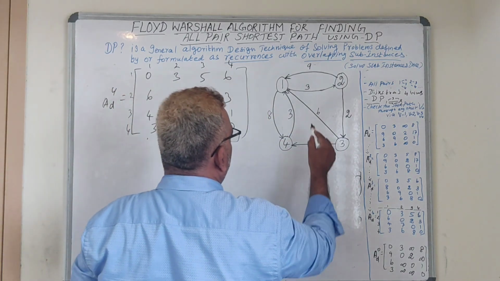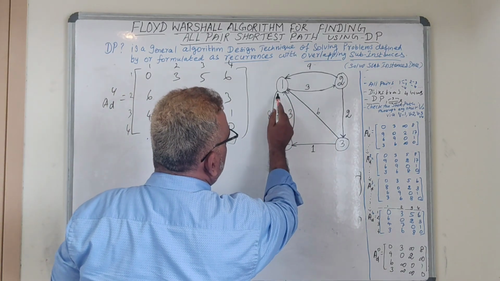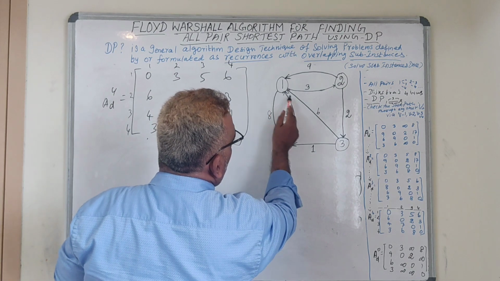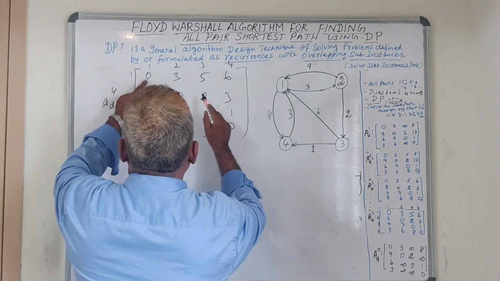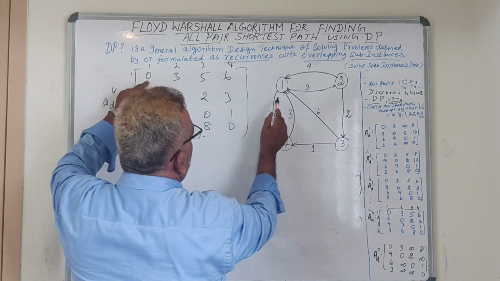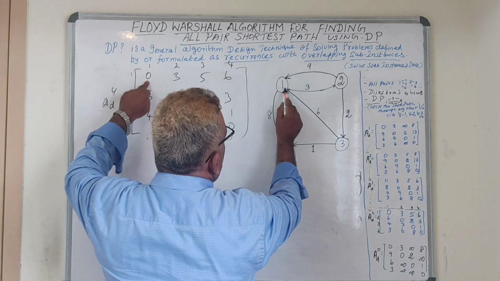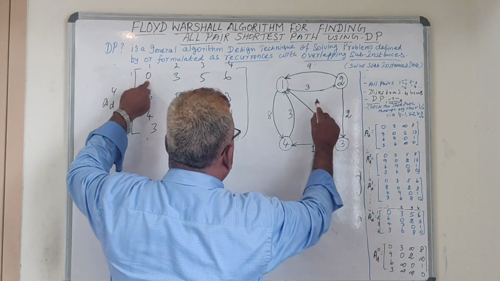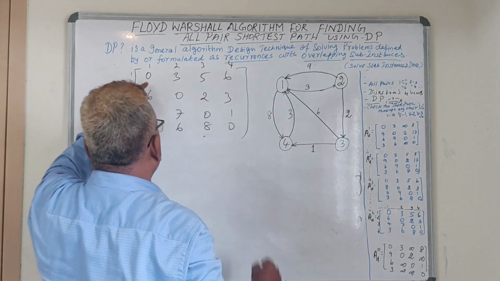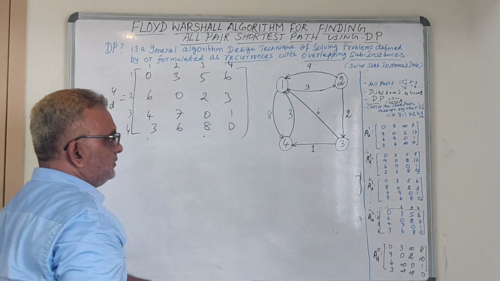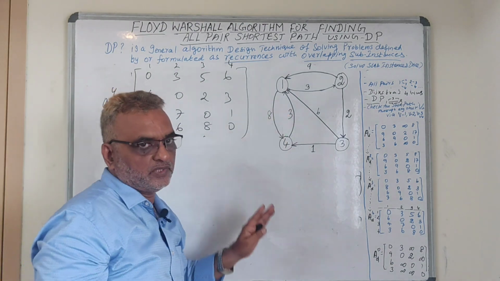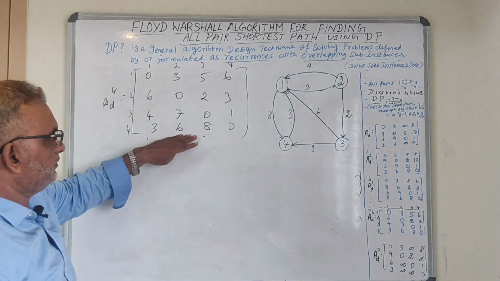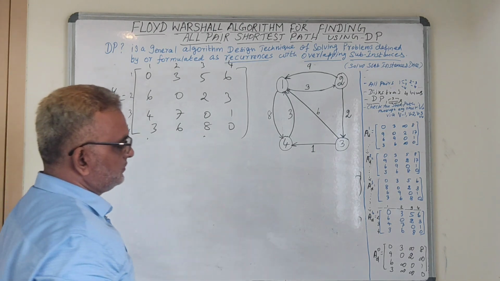Similarly 1 to 3: 1 to 2 is 3 and 2 to 3 is 2, that is 5. You got the value. Similarly you can check the result with the graph. So this is the final result.